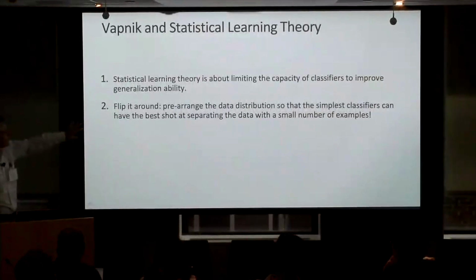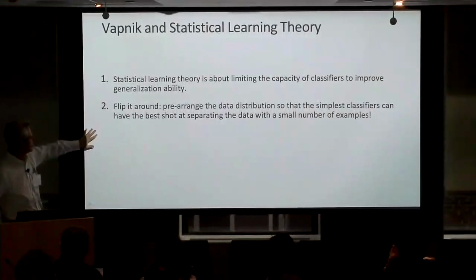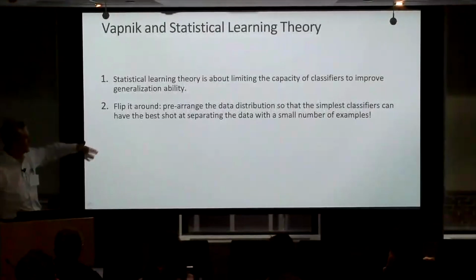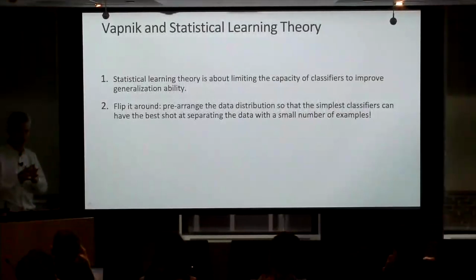You can think about embeddings as a way to prearrange data so that the simplest classifiers can have the best shot at separating the data with a small number of examples, right? So it's almost like a dual. You're rearranging the data instead of limiting the class of models that you're playing around with, okay?